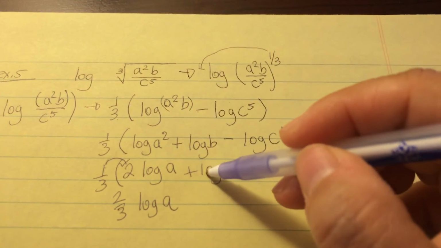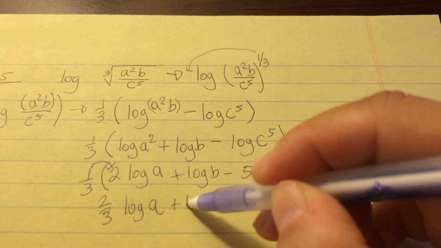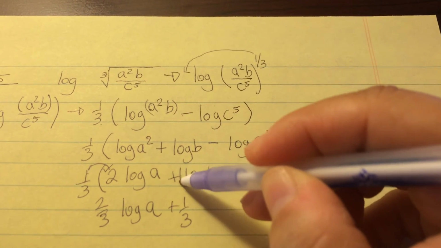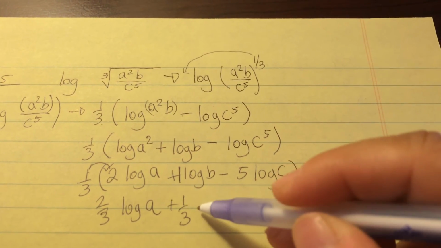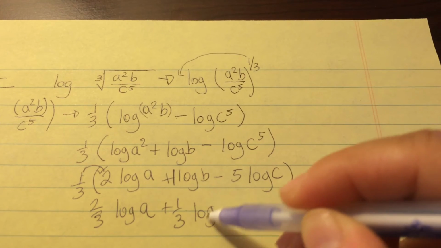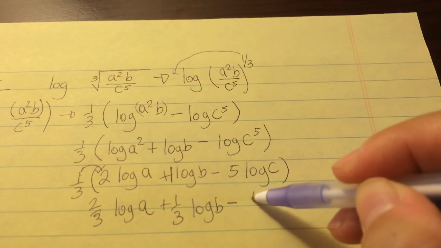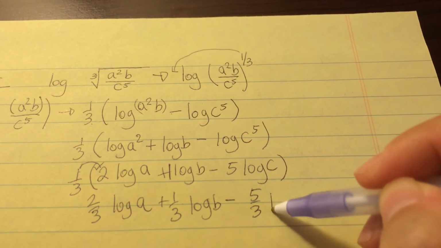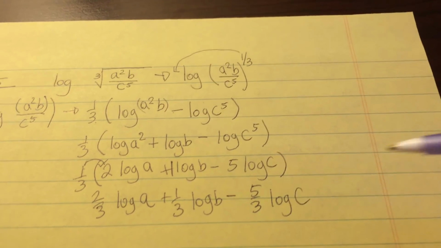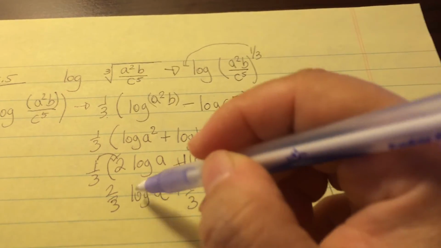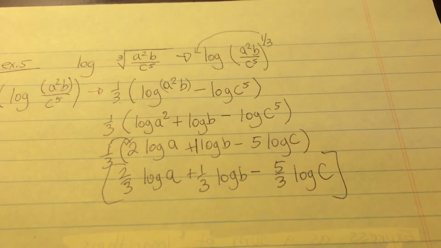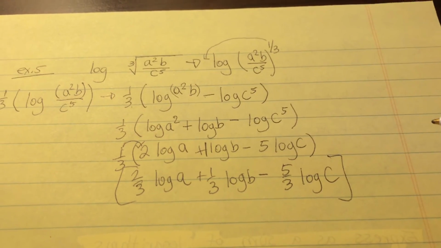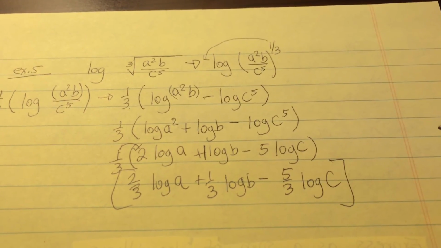So it's 1/3 times log b, which is just regular 1/3 because it's like a 1 right here, and then minus 5/3 log c. And that's about it. So this is going to be your final answer. Okay, so that's the most expanded form. You may want to go back and check that one again.